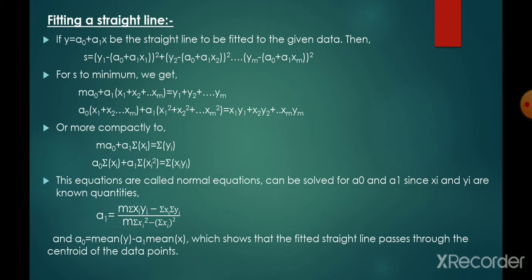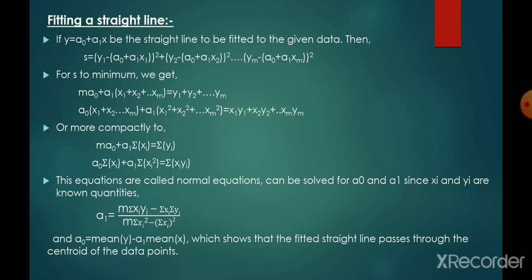More compactly, the above two equations can be rearranged and rewritten as m a0 plus a1 sigma xi equal to sigma yi, and a0 sigma xi plus a1 sigma xi square equal to sigma xi yi.